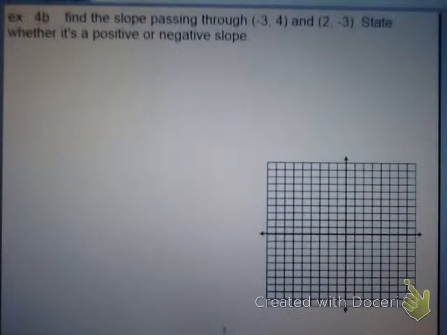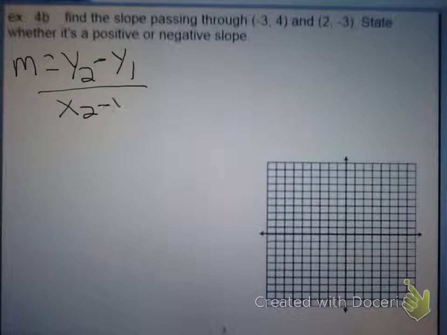Example B, find the slope of the line passing through (-3, 4) and (2, -3). State whether it's positive or negative. First thing we must do is write our formula. Every single time you use a formula, you write the formula down, and then you plug into the formula. I'm going to give the first point x2, y2, and the second one x1, y1. It does not matter.